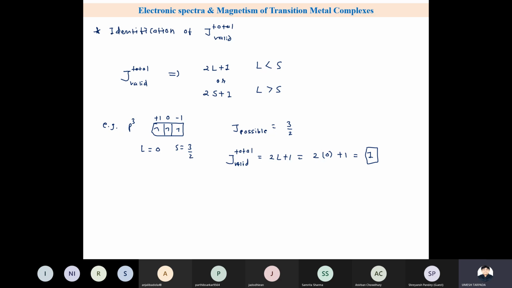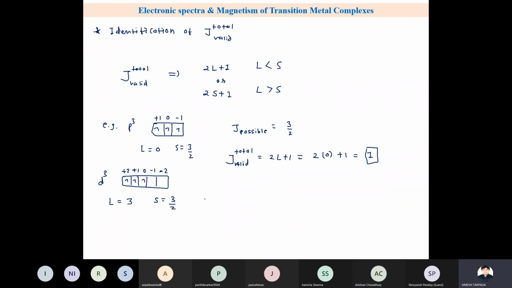Suppose you have a D3 configuration. Then how many values are possible, valid values? This is plus 2, plus 1, and 0, minus 1, minus 2. What is the L value? It's 3. What is the S value? 3 by 2.